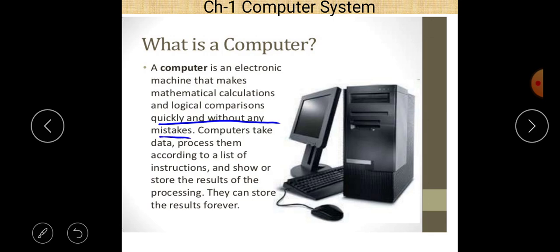And computer takes data, processes them according to a list of instructions, and shows or stores the result of the processing. They can store the result forever. So in computer system we can store the result forever, and they convert data into information. That is our computer system.